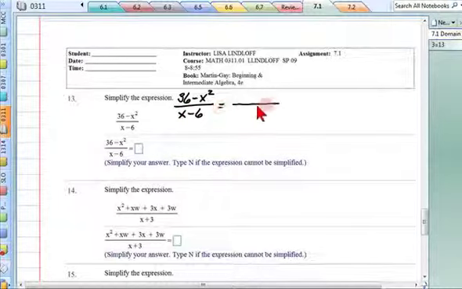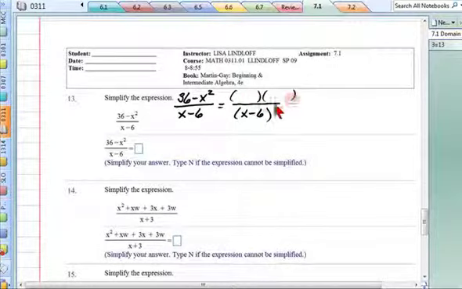I don't believe there's anything I can do with that denominator, so I'll just go ahead and put it in parentheses. The numerator, what can I do with that? Right, it's the difference of squares, which means it factors into a sum and difference product. It will be 6 plus x times 6 minus x.